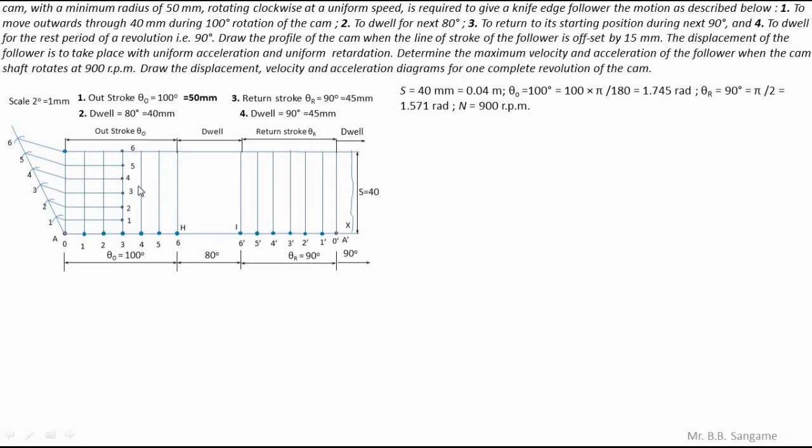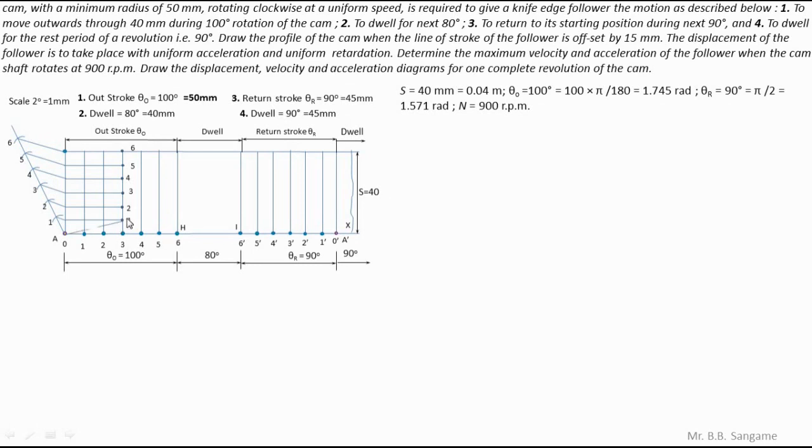Next I will join the lines. I am going to join the first point with the left 0 corner, the second point with this 0 line, and the third with this 0 line. For the remaining part, I am going to join the third point with the upper topmost right corner of the outstroke rectangle, the fourth point with the same corner, and the fifth point with the same corner. So let us join.